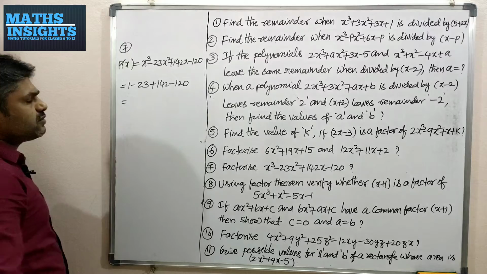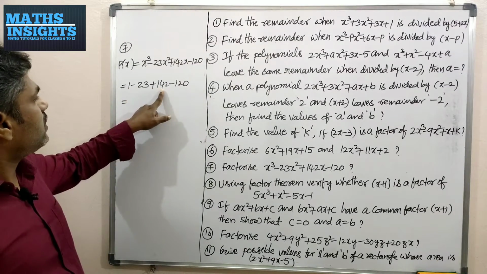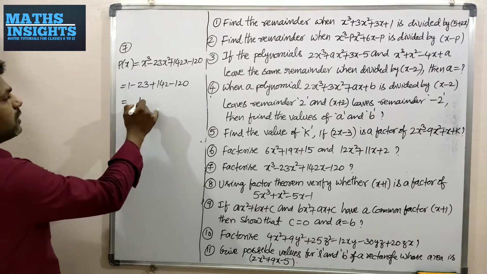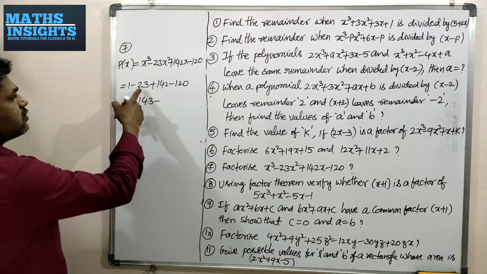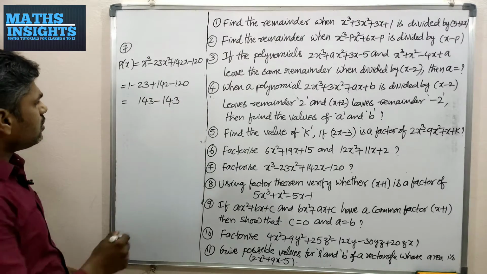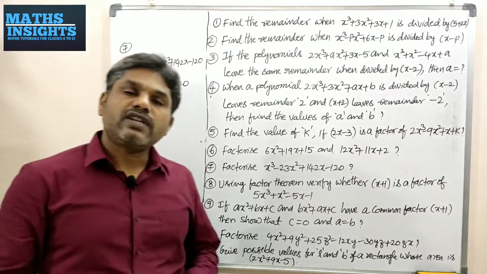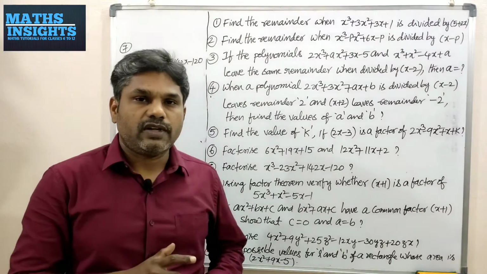If you do the simplification, you have to get 0. 1 plus 142 is 143, minus 23 minus 120 is minus 143. So you will get 0. Then x minus 1 is a factor of the given polynomial.